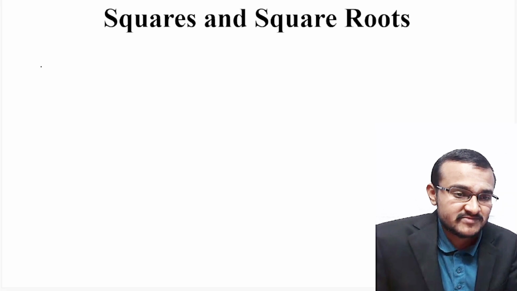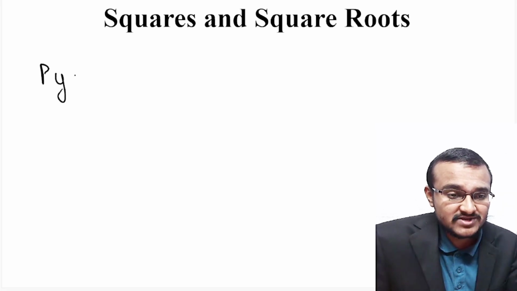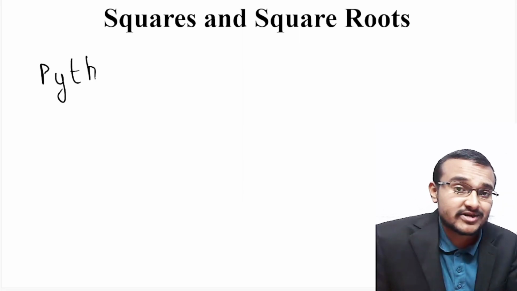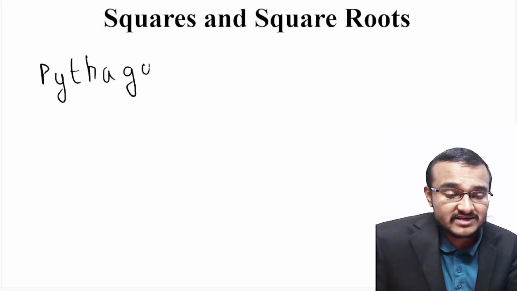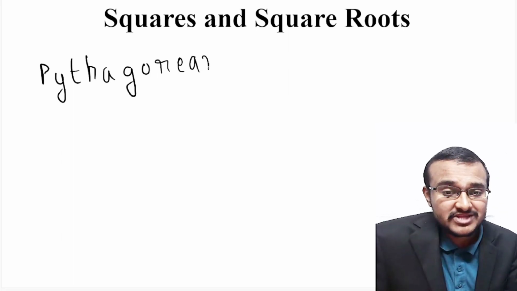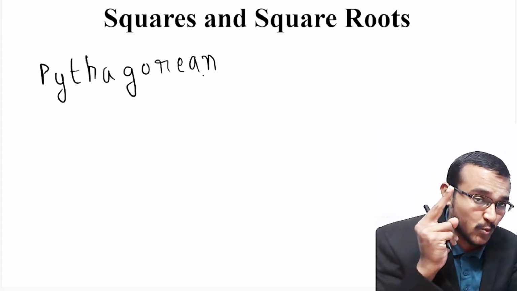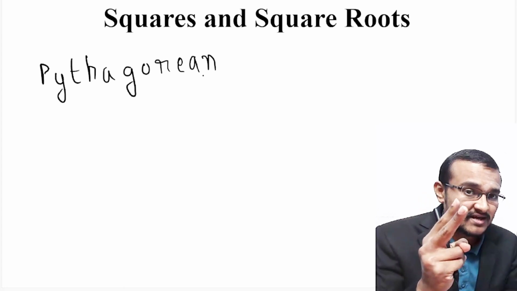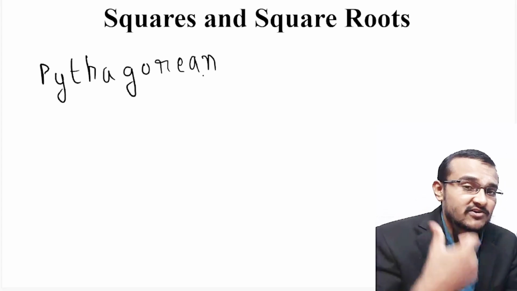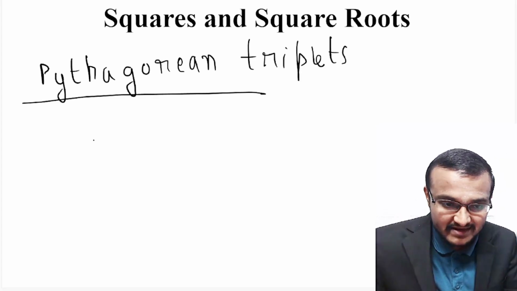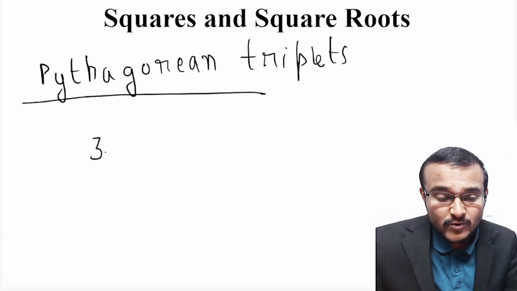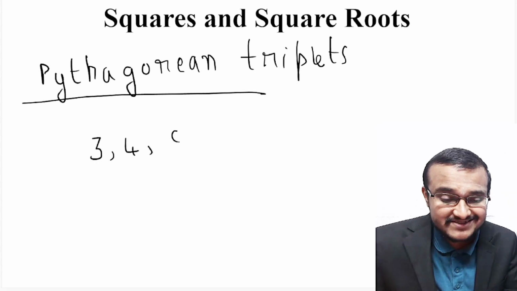So there is one more concept in this particular chapter which we will discuss, which is Pythagorean triplets. What we mean by Pythagorean triplets is that there will be three natural numbers where if you square the two smaller natural numbers and add them, then that will be equal to the square of the third number. So here I will give one example as 3, 4, 5.